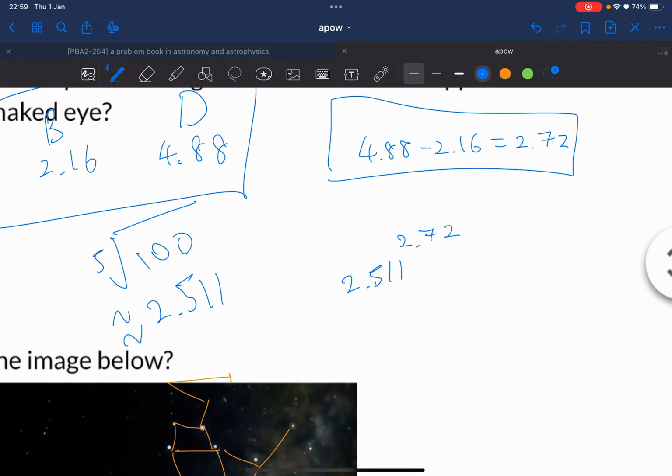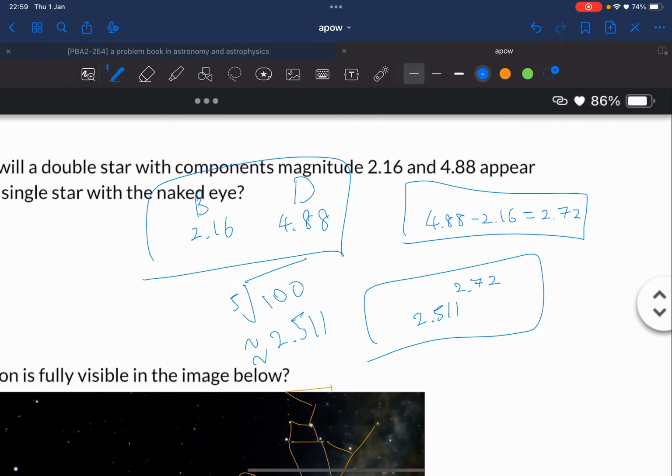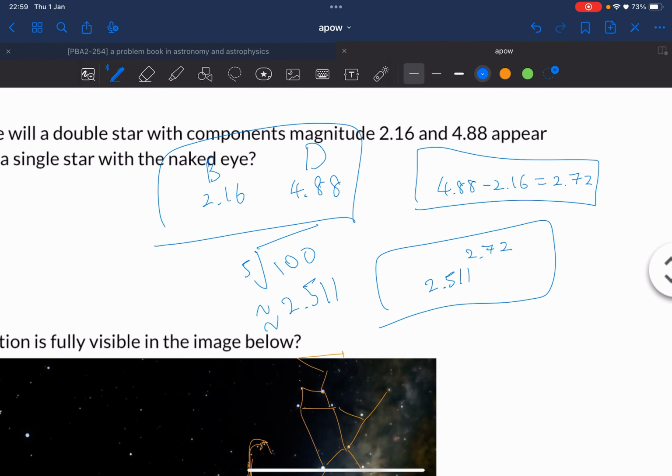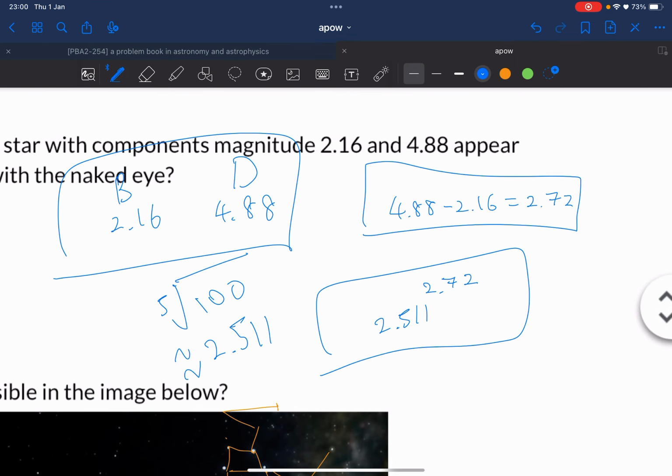I think we can just do this, okay? This means that this thing is 2.72 times brighter than them. But we still need to add itself, because it itself is 1 unit.